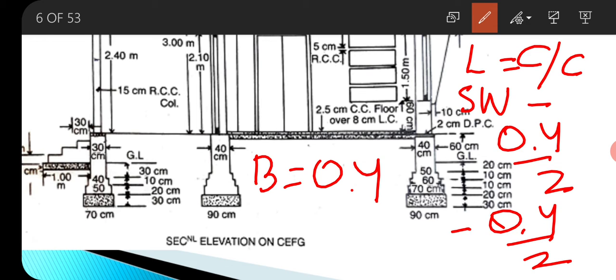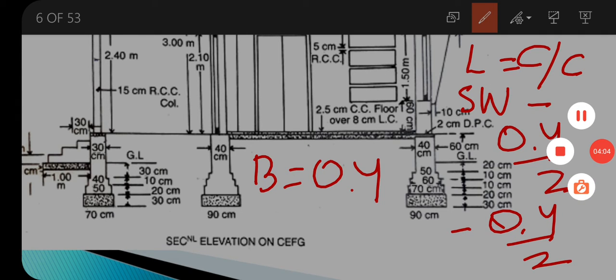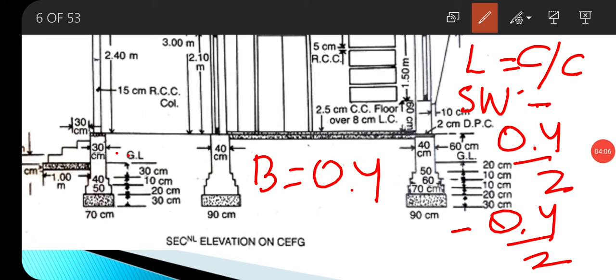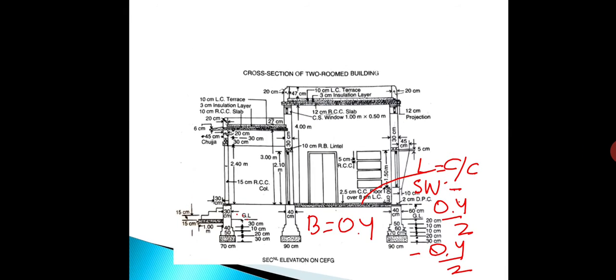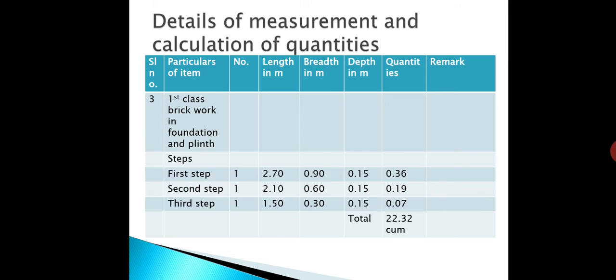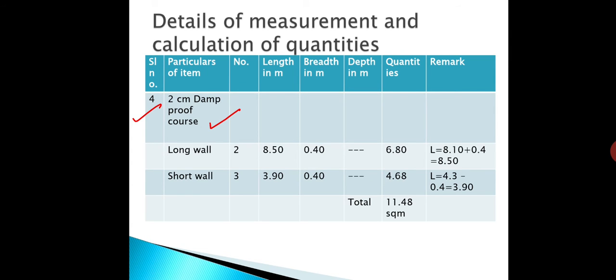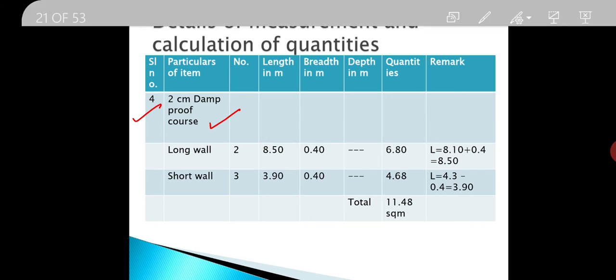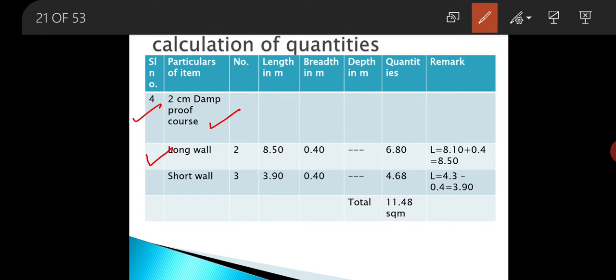Now we will move to the details of measurement form. You can see here, first write down long wall. There are 2 numbers of long wall. In the remark column, write down length is equal to center to center length 8.1.